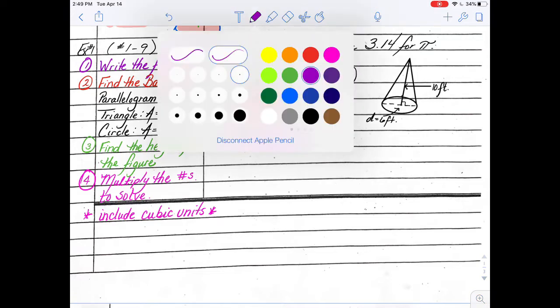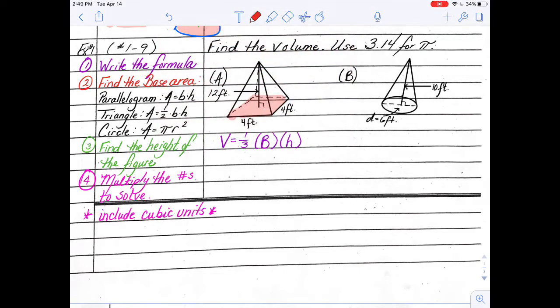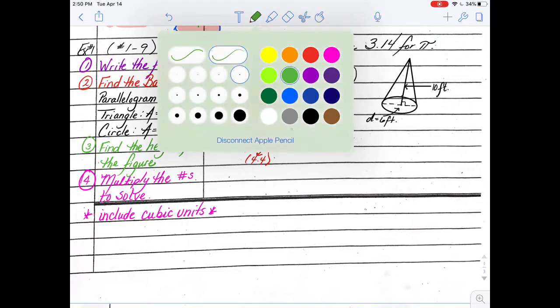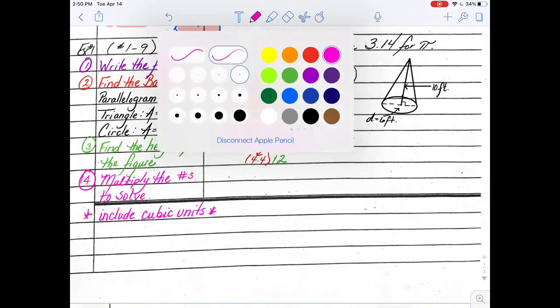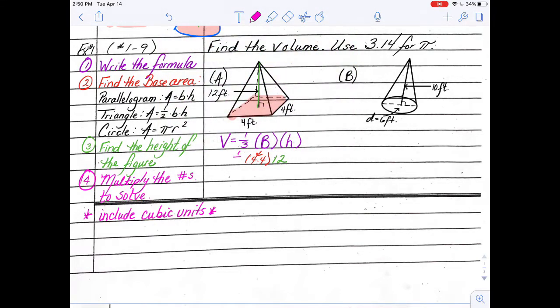How do we find the area of a square? Base times height. Our base area is 4 times 4. Remember, the height is from that apex down to the base. The height is 12. And we're keeping that 1/3 because it is a pyramid.